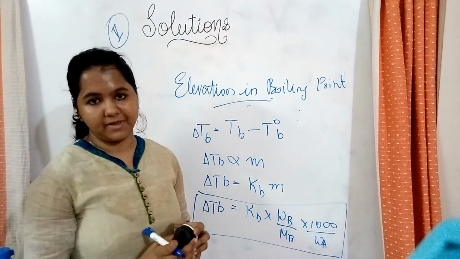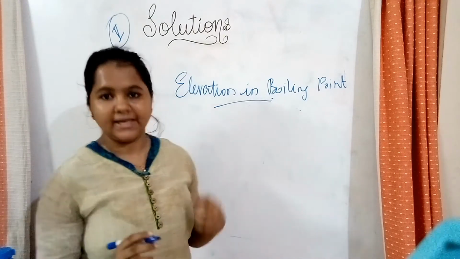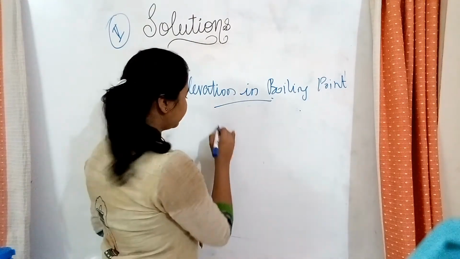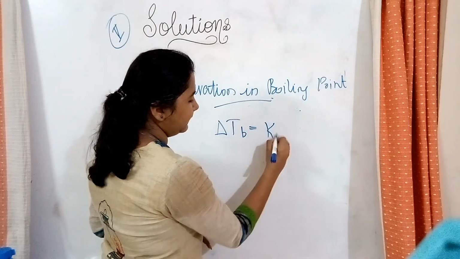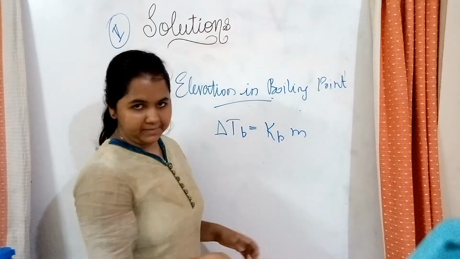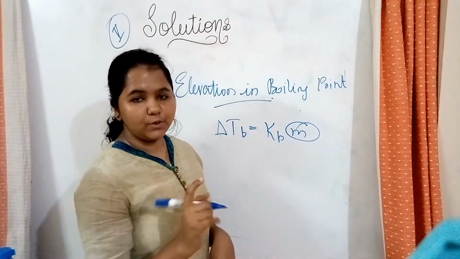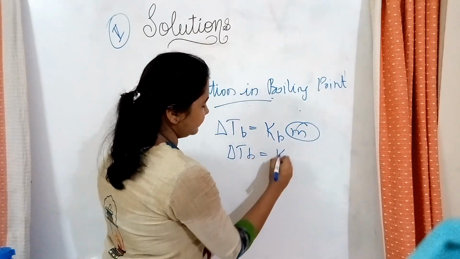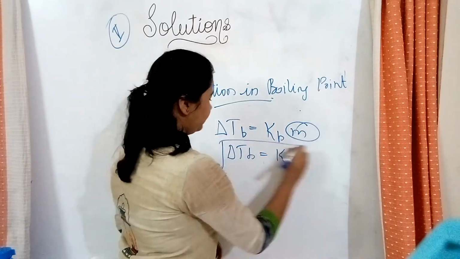So now let's see the unit of KB. Before discussing what our unit of KB is, I'll show you something. See, we learnt delta TB is equal to KB m. Am I right? So if m, the molality of a solution, is 1, what is that? Delta TB is equal to KB. Okay? So, this is a relation.